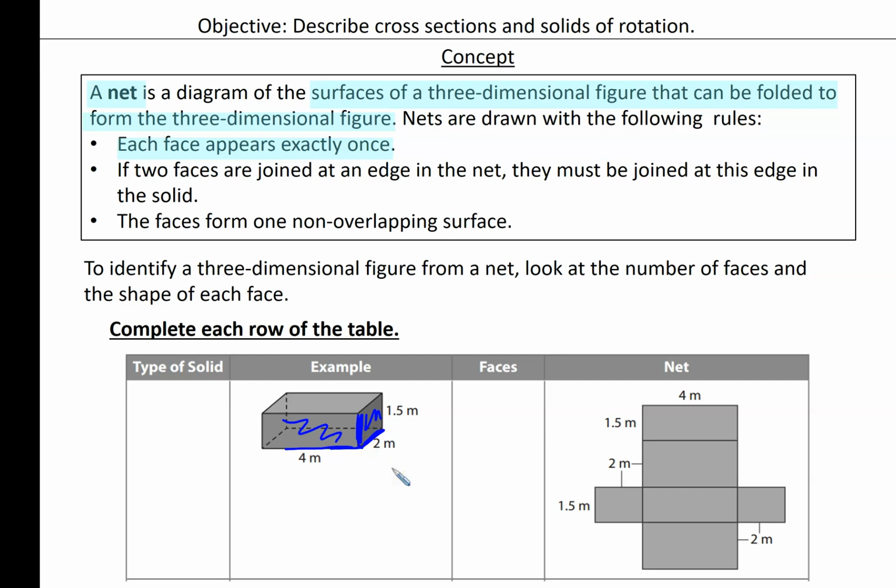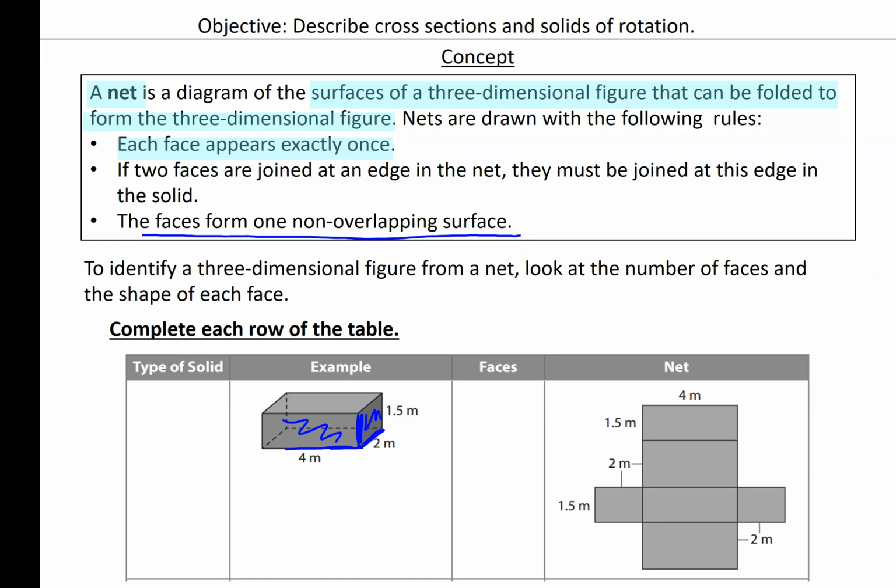And make sure that when you are drawing it, if you were to fold it all back together, all of the shapes that you have drawn fill in all of the sides of the surface of the figure, so you don't get two tops or two bottoms and then have an open left side. There's nothing there for the left side. So that's the idea of a net.